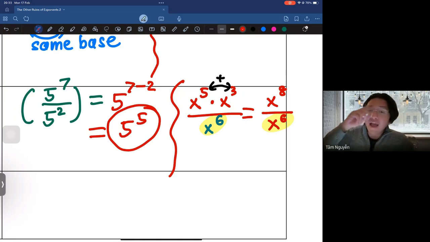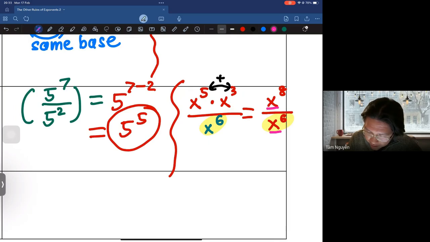And then after I already simplify the top one, as you can see, we only have one exponent on top and one exponent at the bottom. Those are the terms that we're going to divide. So let's see.